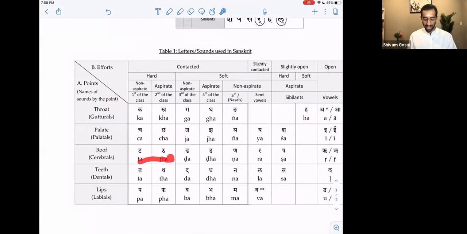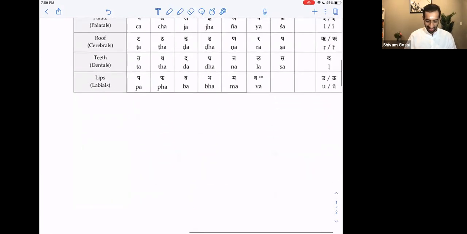If you have ta or tha at the end of a word, it's going to be replaced by da. Pa or pha at the end of the word, it's going to be replaced by ba. Okay, so that's part one of the rule. And part one of the rule is any hard consonant will become soft, alpaprana soft. Okay, so let's write that down.